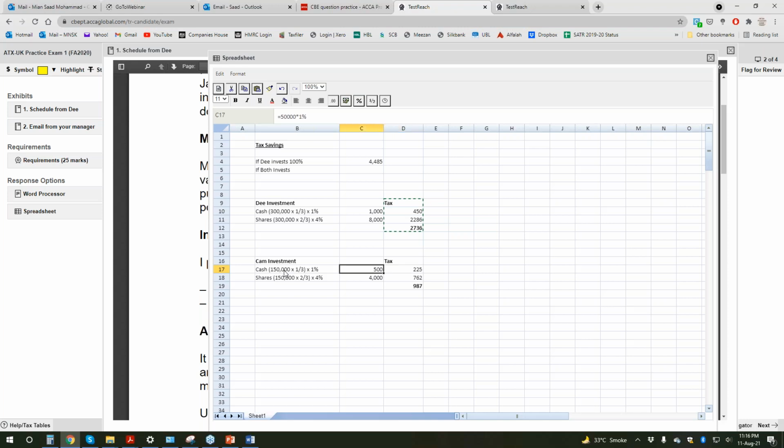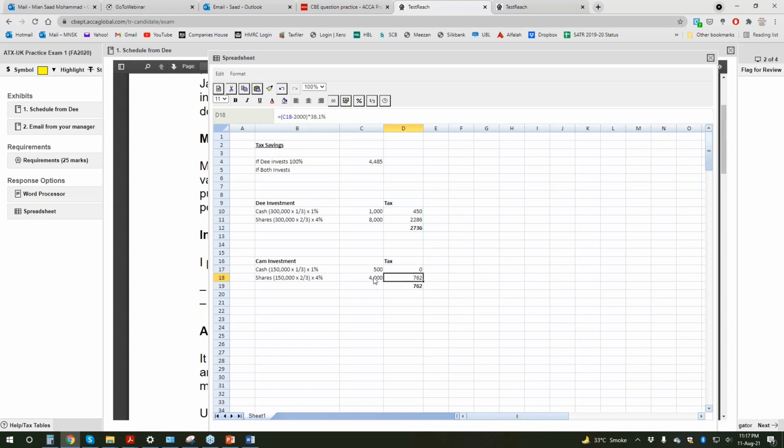So this 500 could have been taxed at 20%, but the problem is that he has the savings nil rate band available of 1000, being a basic rate band payer, and his income of savings is lesser than 1000, so this will be taxed at 0%, which means it will not be taxed.